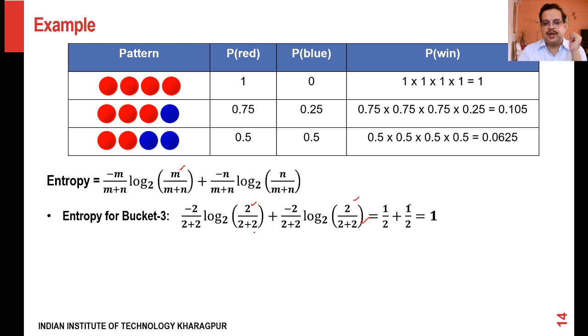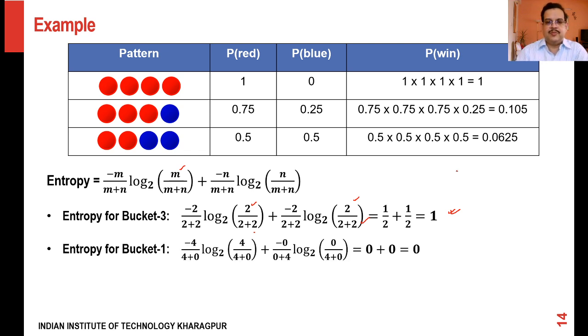So I get an entropy of 1. Entropy of 1 is like the maximum chaos, because there is no bias towards red or blue. Red and blue are equally probable, so you have the maximum chaos.